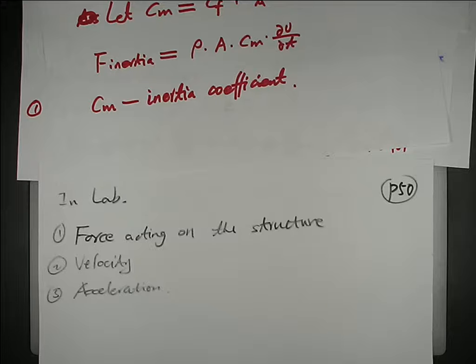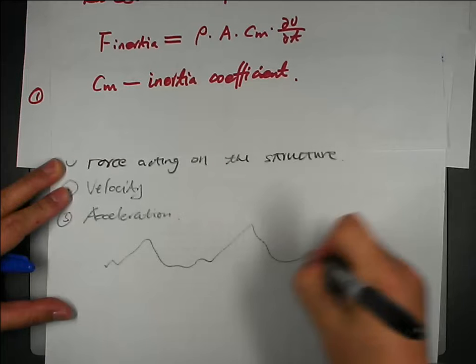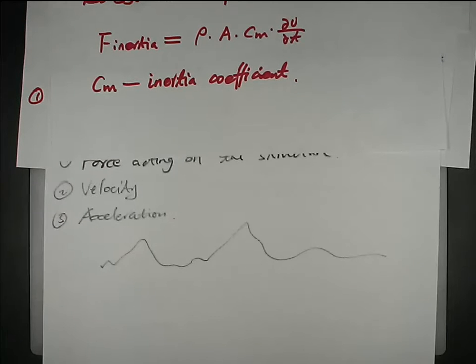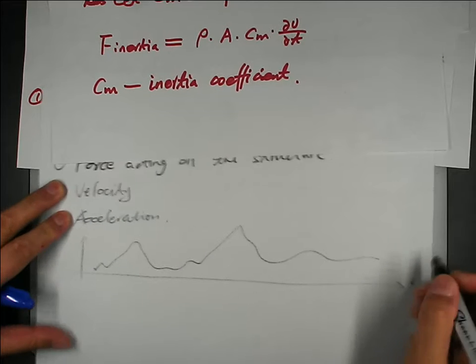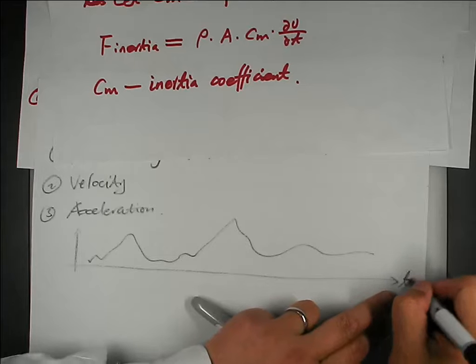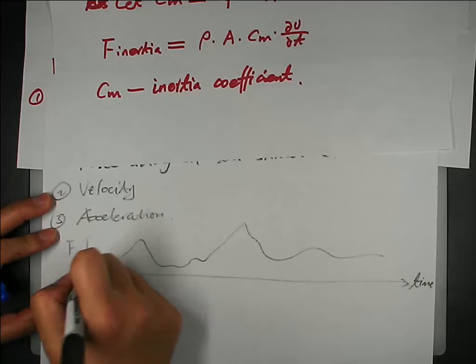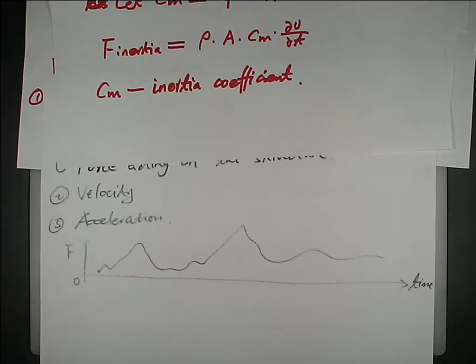This is the experimental result, and this is for calculation. The force is only one value. For example, this is time, and this is the force you measured using a transducer, any type of transducer.